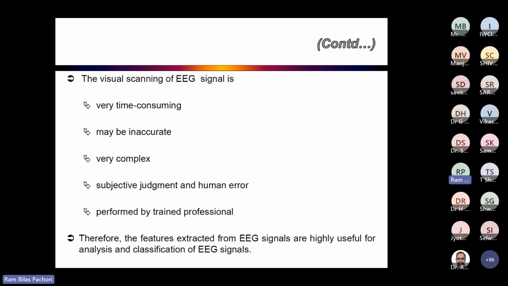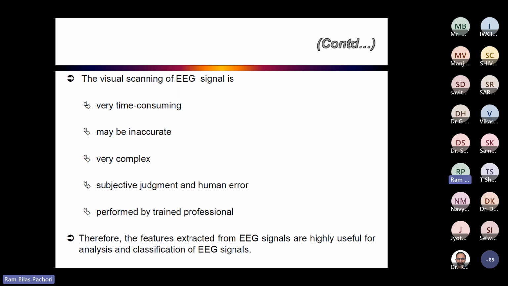Such methods, where we perform visual scanning of EEG signals, are very time consuming, because you have to take printouts, and sometimes the seizures are repeating, maybe in the daytime you have 2 or 3 seizures, and every time you are recording signals and taking printouts. It is very time consuming, and it may be inaccurate also.